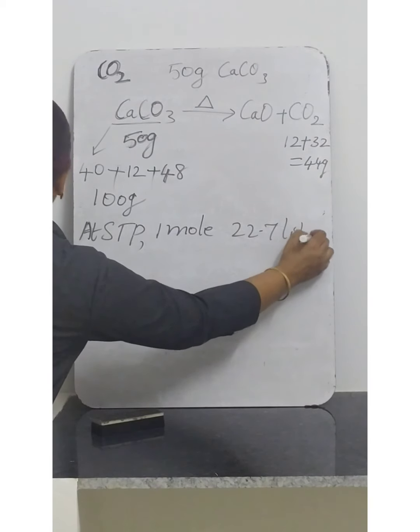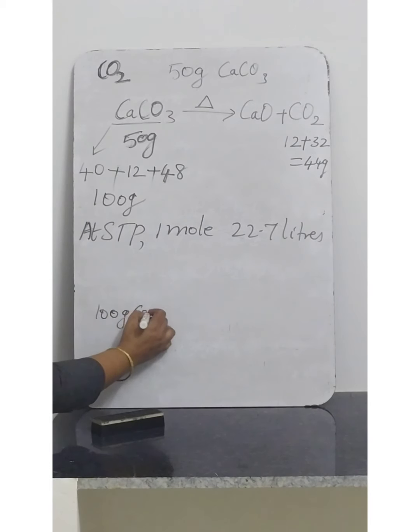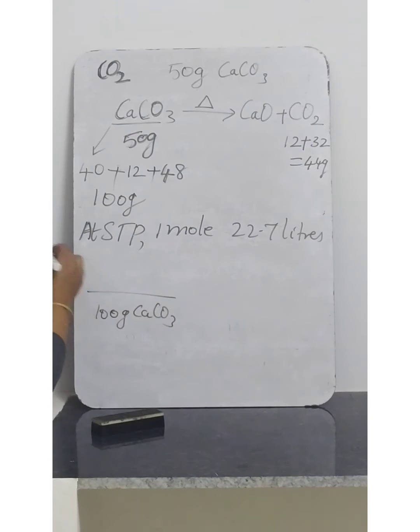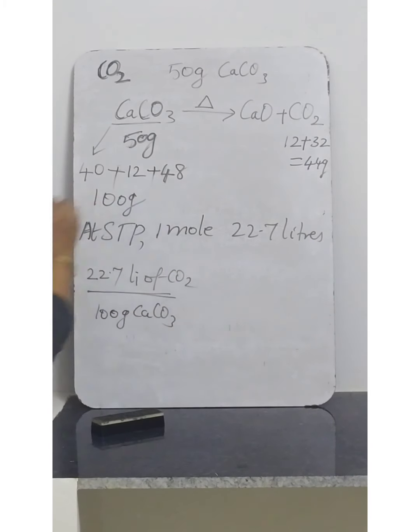At standard temperature and pressure, 1 mole of carbon dioxide occupies 22.7 liter. Understand what I am saying? What is the meaning of that? 100 gram of calcium carbonate, when heated, we are getting 22.7 liter of carbon dioxide.